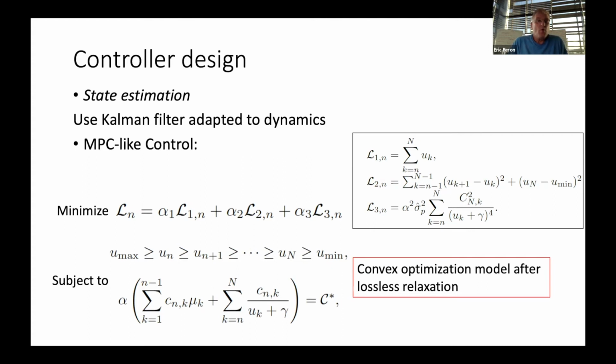What is the control activity about? Well, the control activity is about designing the next steps, the next layers of the beam, given what has been printed before. So we have a number of objectives to meet.